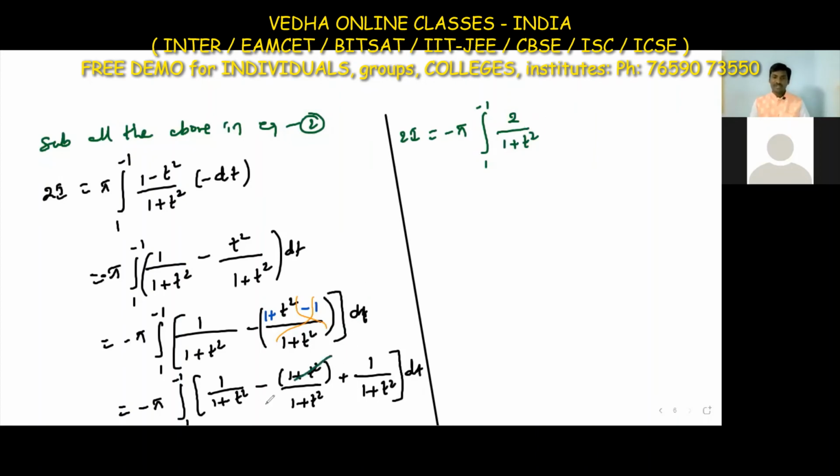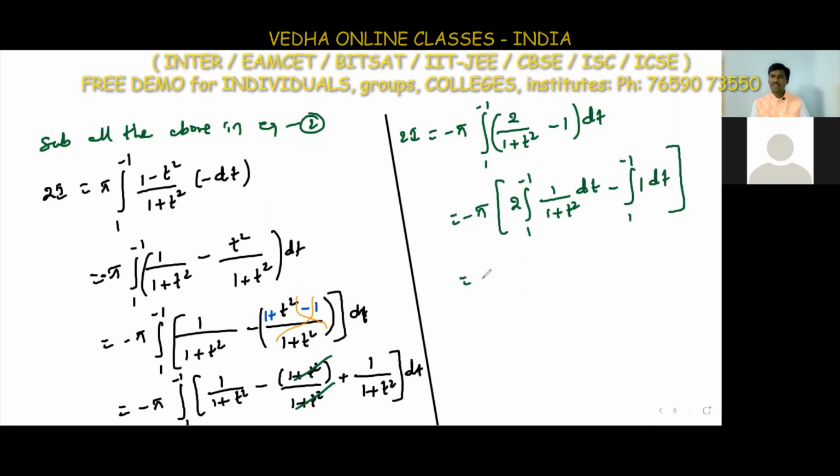So 1 plus t square and 1 plus t square get cancelled, so minus 1 into dt. Separate the integration. Minus pi is outside, and if we separate the integration, integral from 1 to -1, 2 also writing outside, 1 by 1 plus t square into dt minus integral from 1 to -1 of 1 into dt.